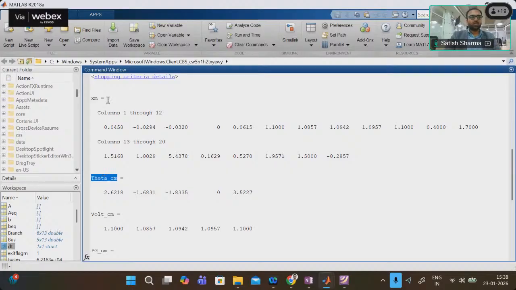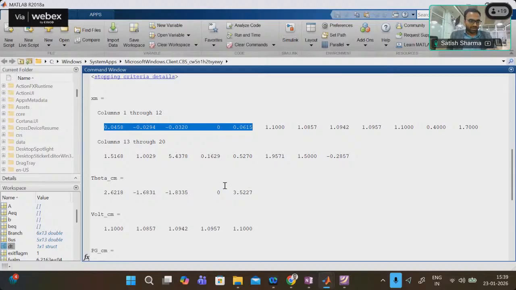So this x is my solution. These are angles 1, 2, 3, 4, and 5. Everything has been converted into degrees. So this theta is the same, but in degrees. These are available in radians, these are available in degrees.